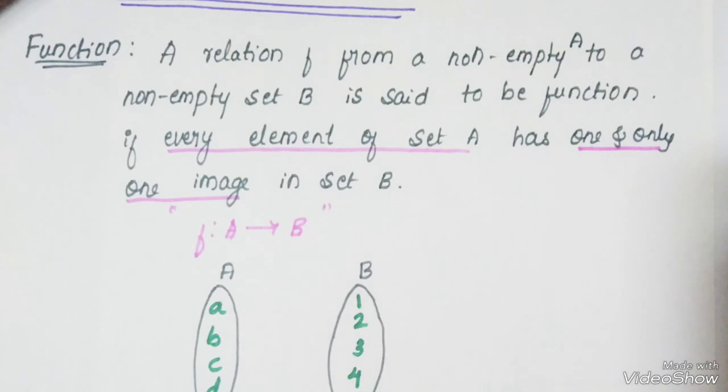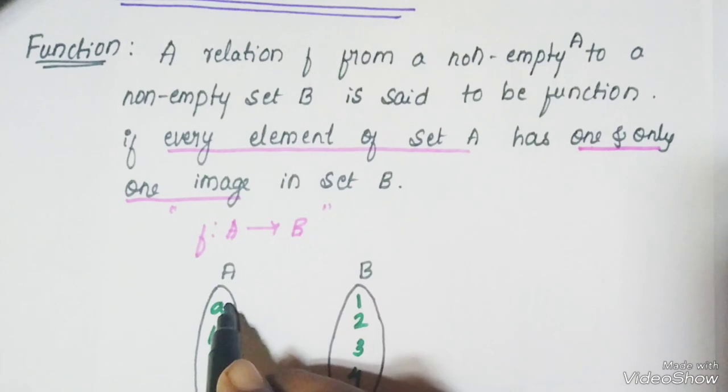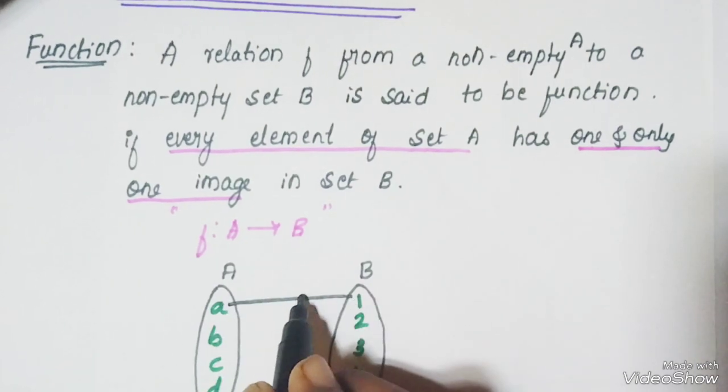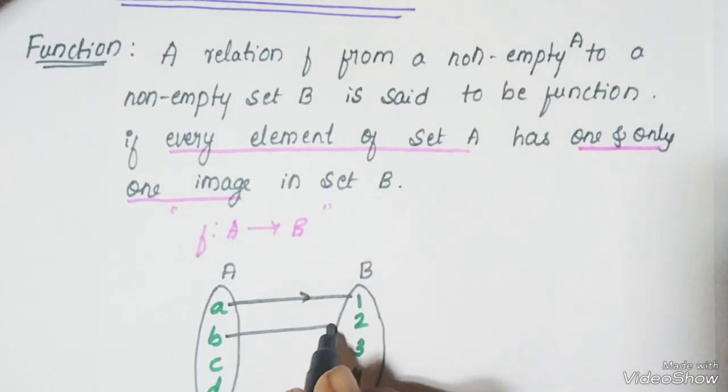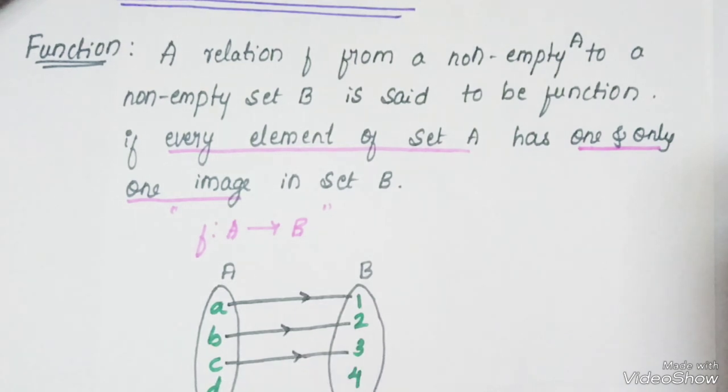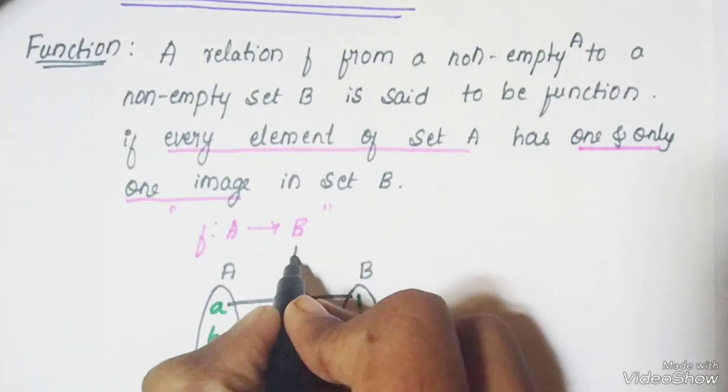Here a function f exists from A to B. The first element is related with 1, the second element is related with 2, the third element is related with 3 and the fourth element is related with 4. Here it is a function.